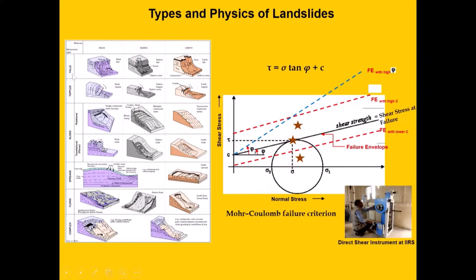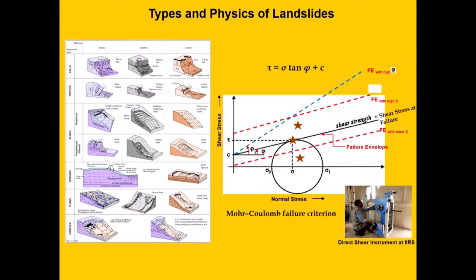And this is the process involved: it can be fall, topple, slide, spread, flow, or complex. So accordingly I have rock fall, debris topple, or earth slide, like that. So there are these 16-17 classes under the broad category of landslide.